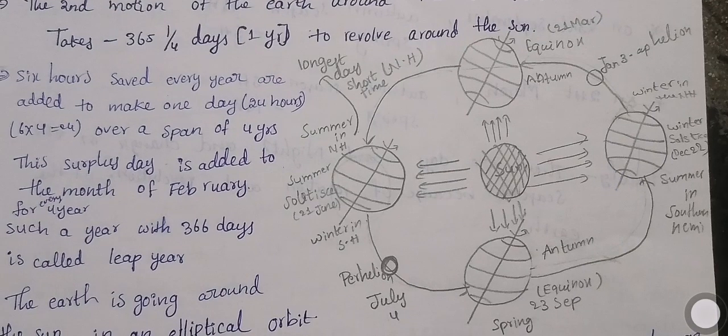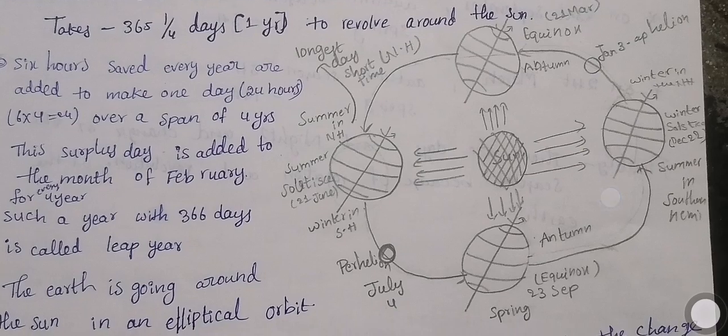In this position, throughout the earth we have equal day and night because the sun rays fall on the equator. Hence we have equal temperatures throughout. That is the spring and autumn. These are the normal temperatures in this period. That is, it happens on the 21st March and 23rd September.